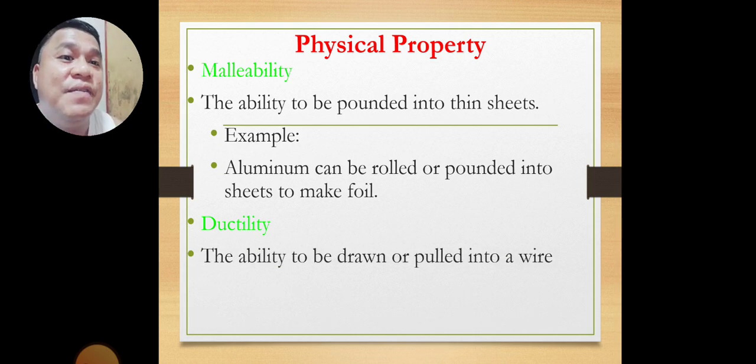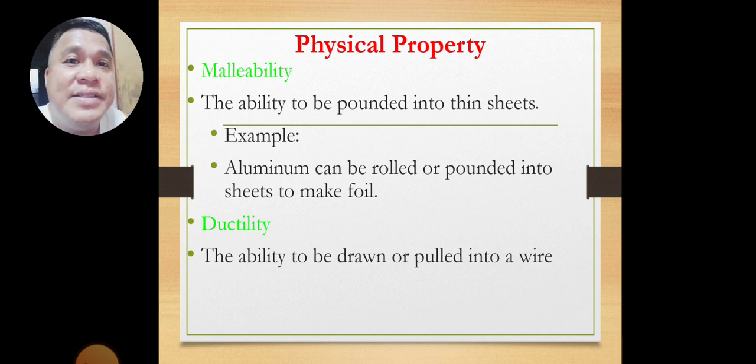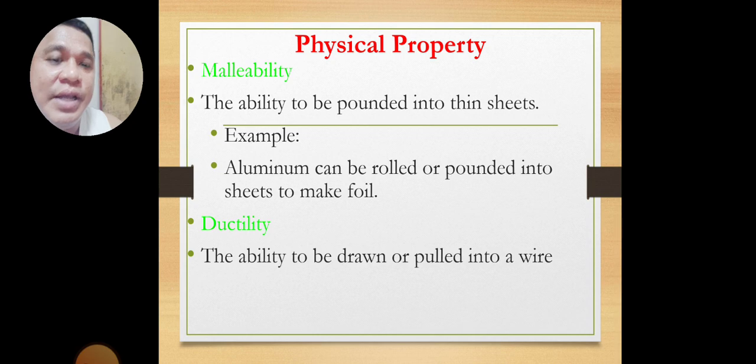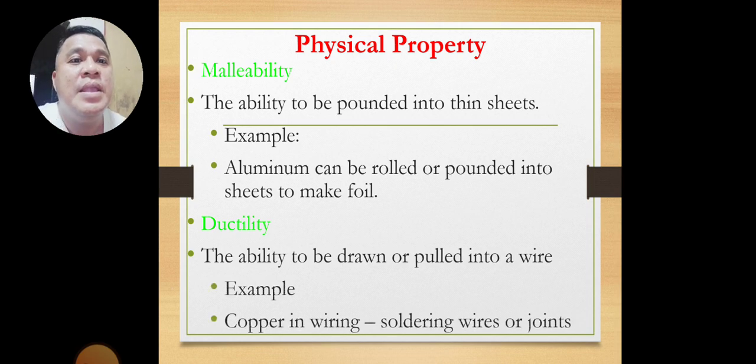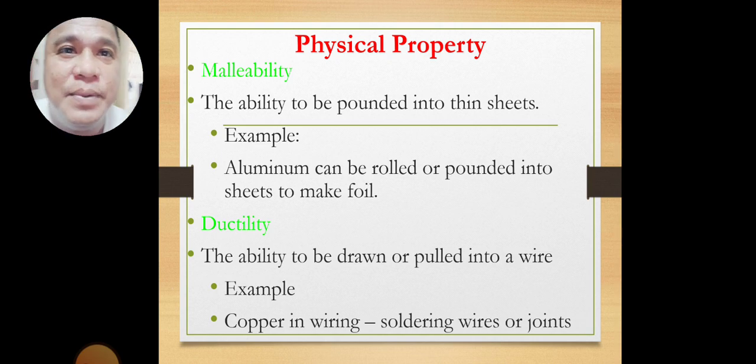And then there is ductility, the ability to be drawn or pulled into a wire. That's how we identify the physical property. For ductility, for example, copper in wiring, soldering wires or joints. Yes, that's an example of it.